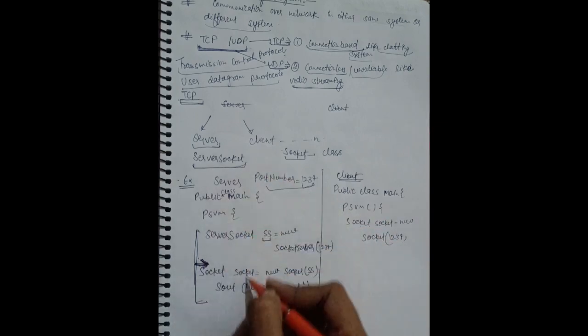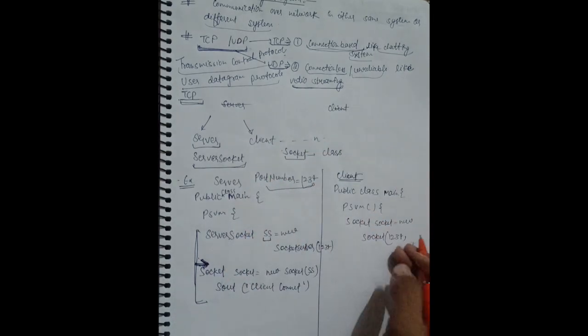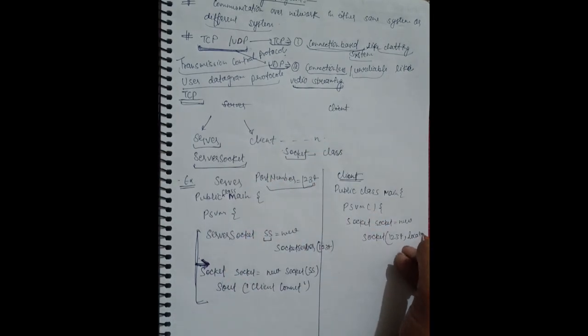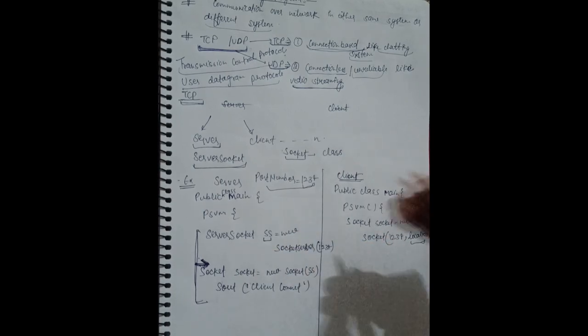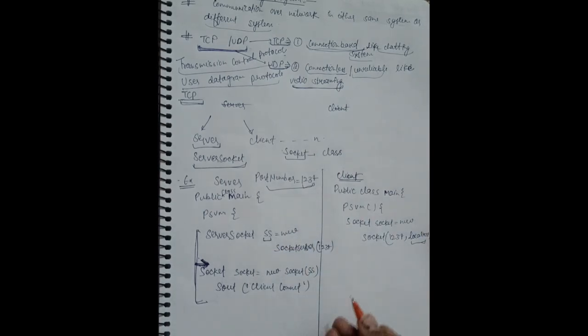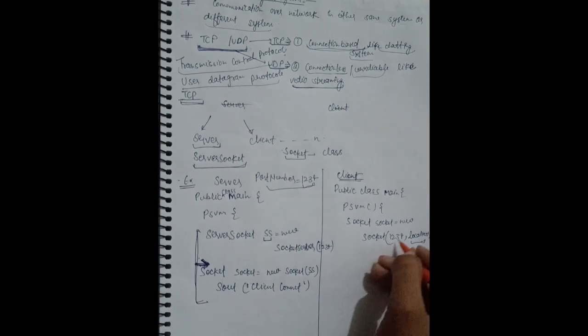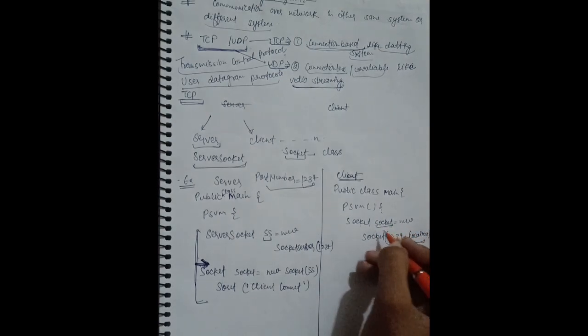If both are on the same machine, then simply it is localhost; otherwise it is the address of the machine where the socket is running. After that it returns the socket.